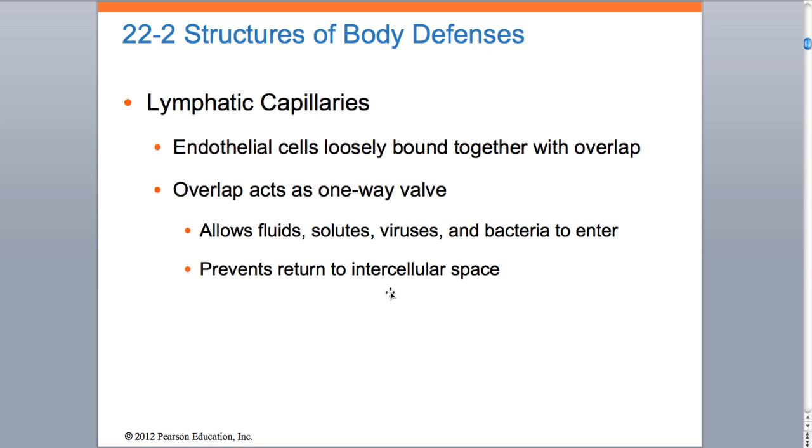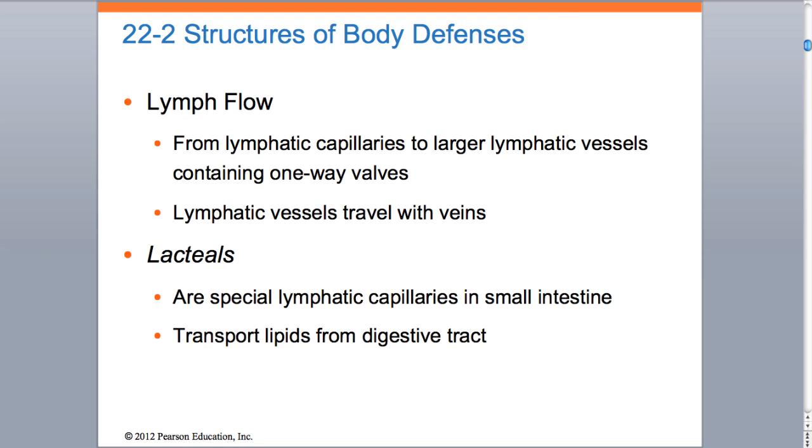Prevents return back to the intercell space. So if germs are drained from your interstitial fluid space, they can't go back to the cell space anymore. They're now in the lymphatic. And that's where your immune system is going to quarantine and kill off these things if it possibly can.